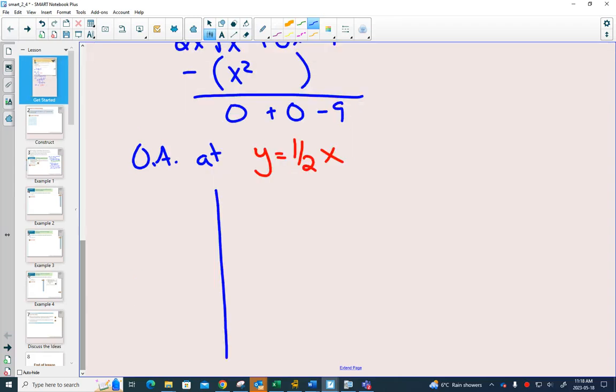So if we look at what we have here, we can draw in our asymptote at the non-permissible value x equals 0.